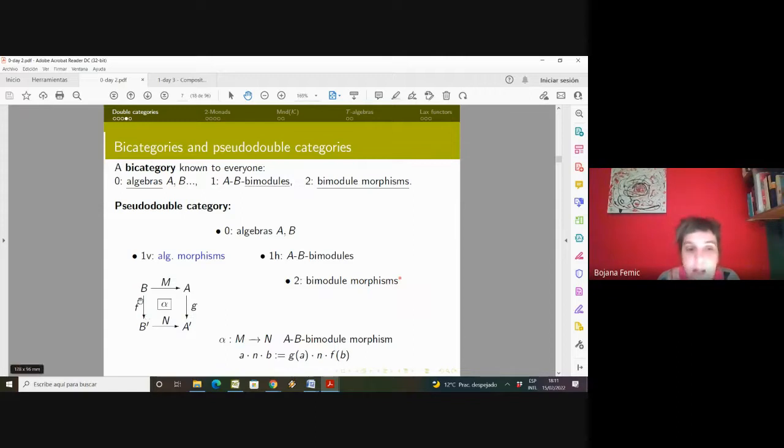And this is done precisely along this F and G. Precisely because F and G are algebra morphisms, this will give me B module structure on N and A module structure on N in this way that I wrote down at the bottom.